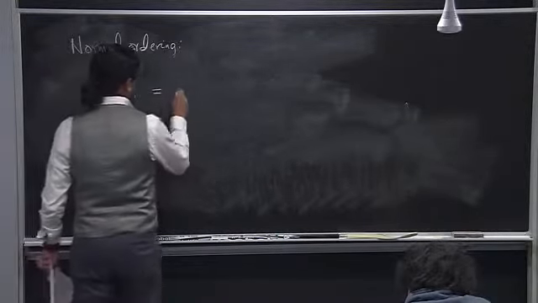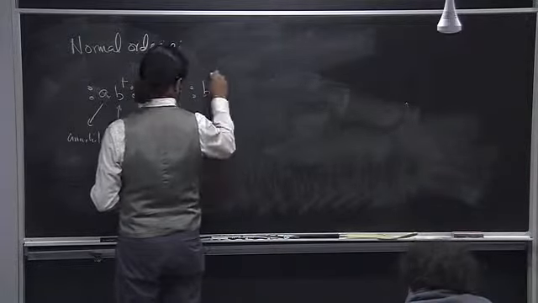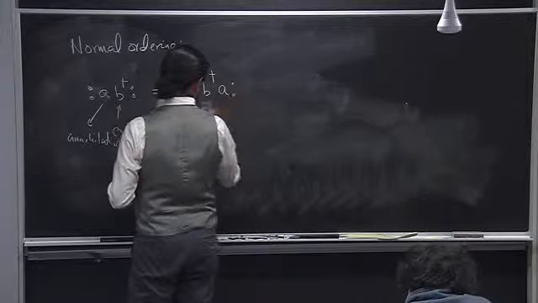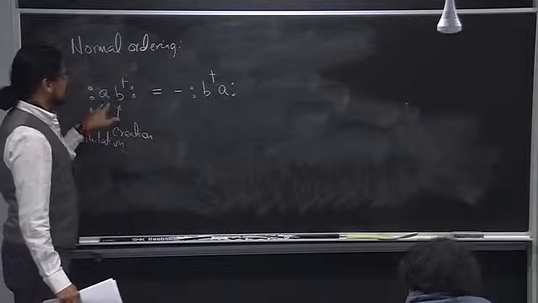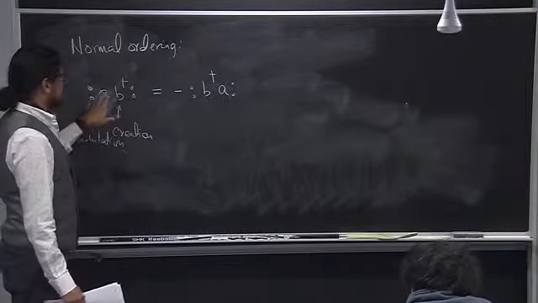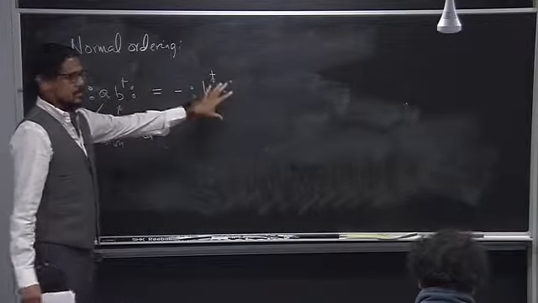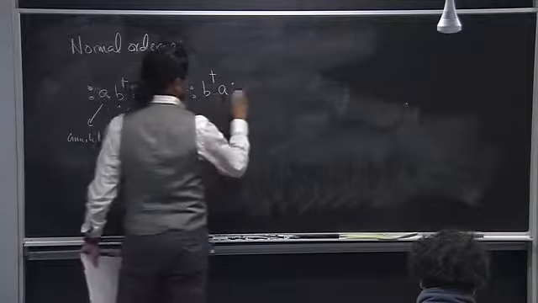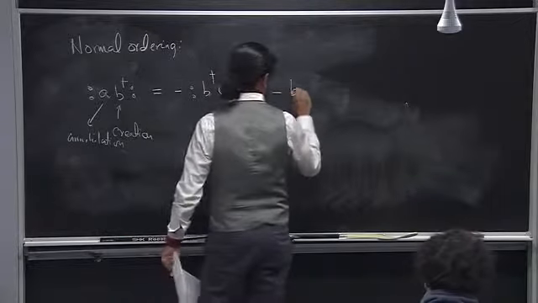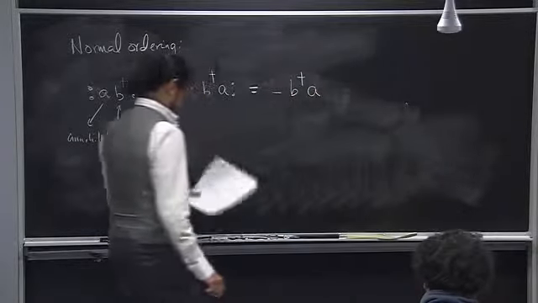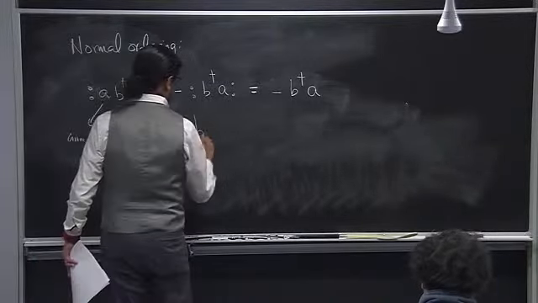But because they're fermionic, you actually have to put a minus sign if you anti-commute inside the normal ordering. So if these were bosonic operators, or one of them were bosonic, then of course this minus sign would not be there. You could just write it like that. And once you've written it like that, this is now in normal order form, so you can get rid of the normal ordering. Okay. So now consider a one-particle state.